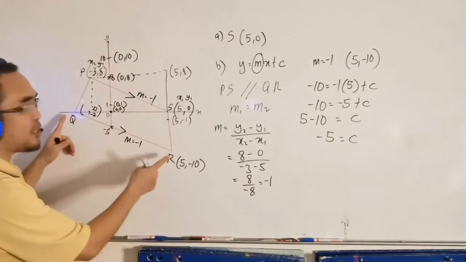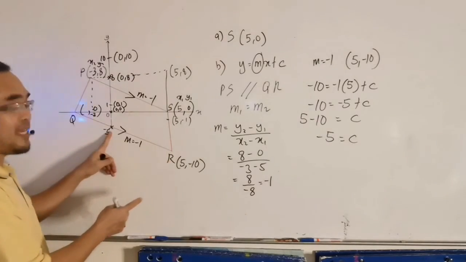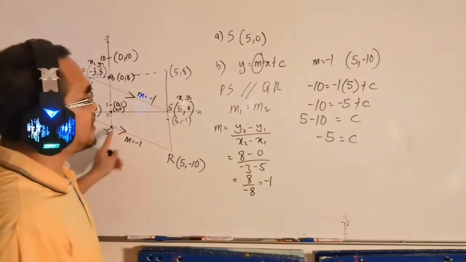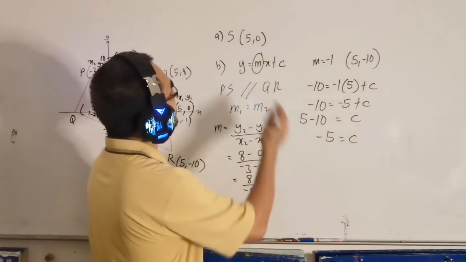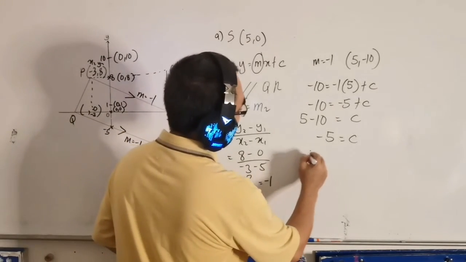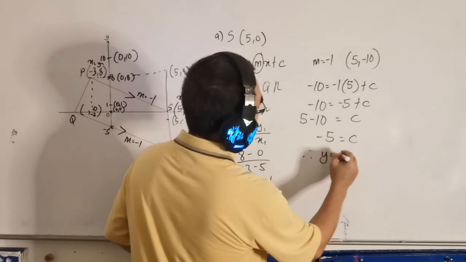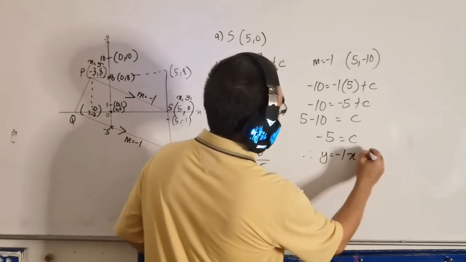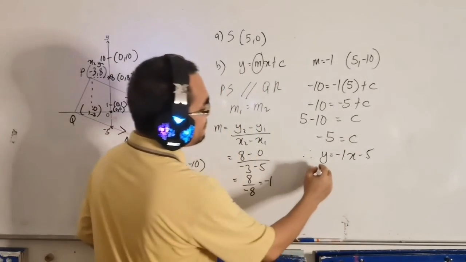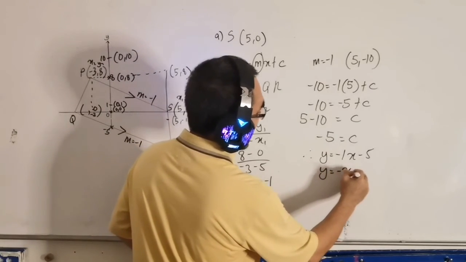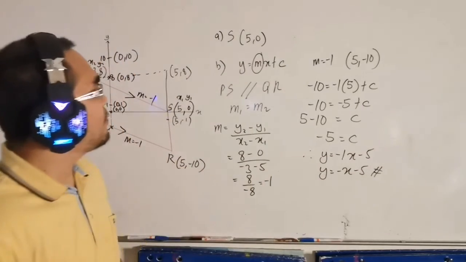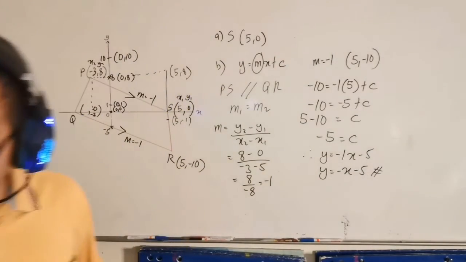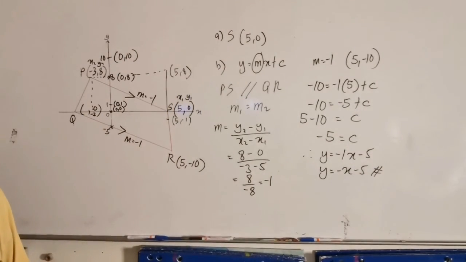The line touches the y-axis here at c. So the answer for B will be, therefore, y equals negative 1x minus 5. Simplify, it is y equals negative x minus 5. That is the answer for number 2B.